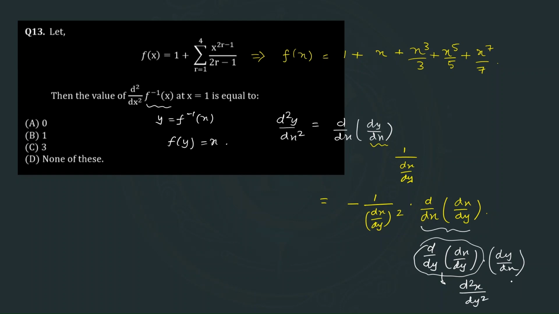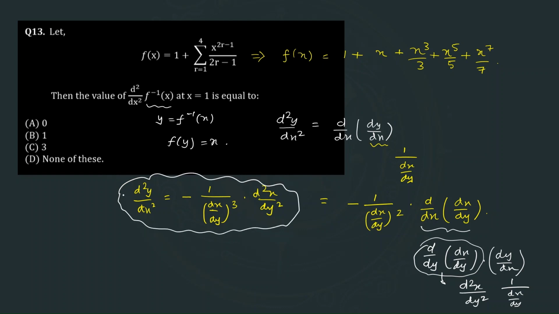Now again we can write this as 1 over dx/dy. So our expression for d2y/dx2 becomes simply minus 1 over (dx/dy) whole cube times d2x/dy2. This is the relation you have to keep in mind. This is a very important relation for finding the double derivative of an inverse function.